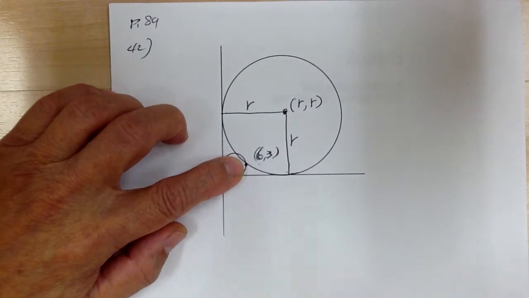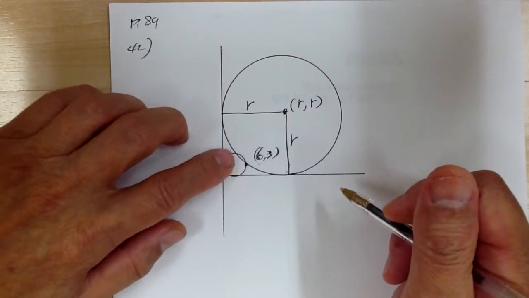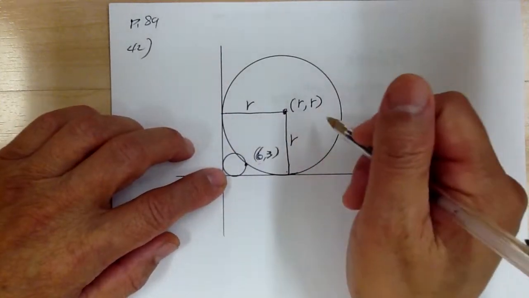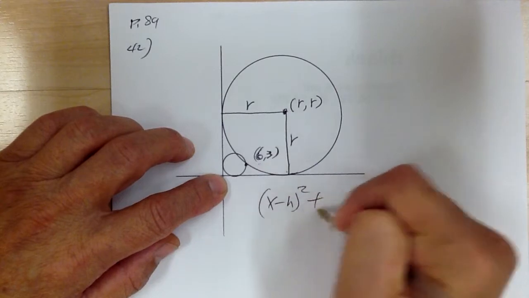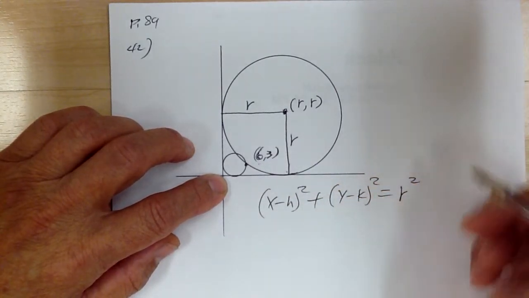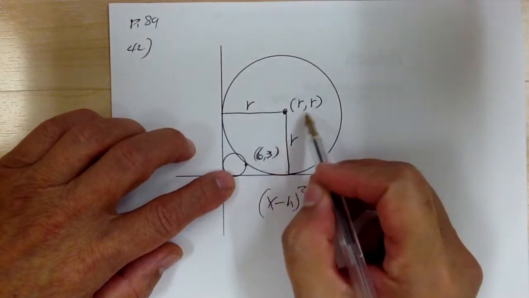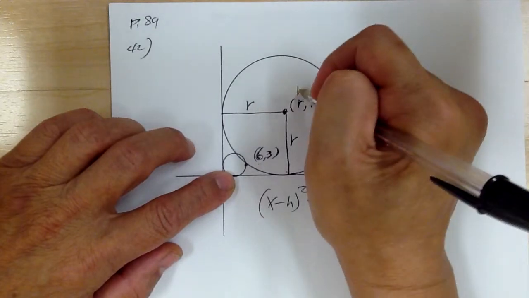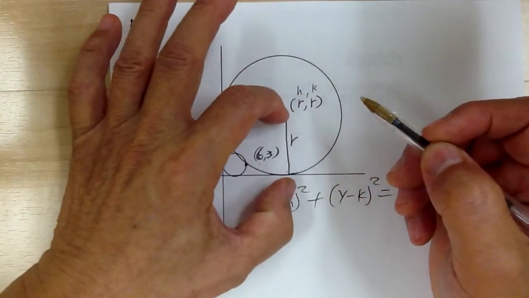Okay. So now what you need to do is, from here you have to write your equation. So the equation for a circle is x minus h squared plus y minus k squared equal to r squared, right? But in this case, this is the h and the k, right? But notice the h is r, k is also r, right?